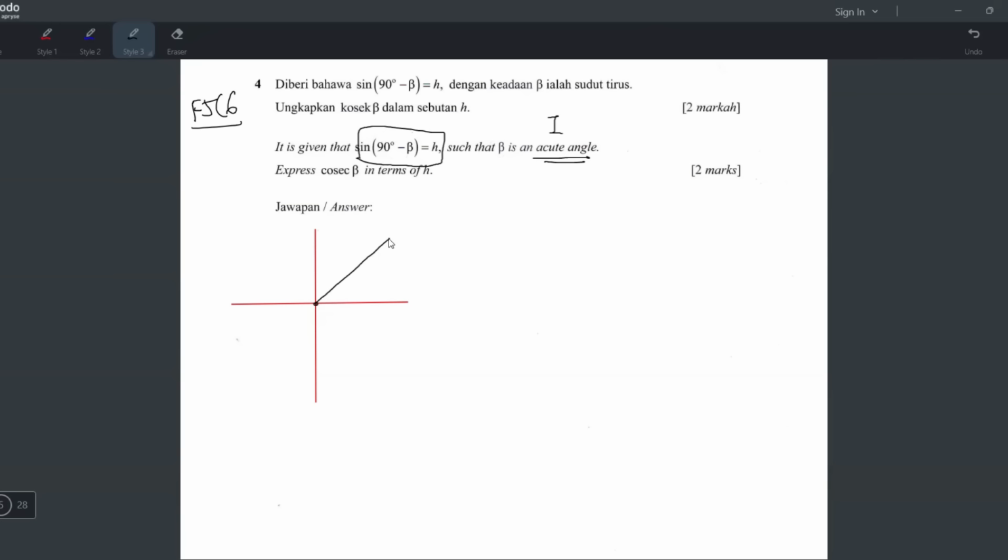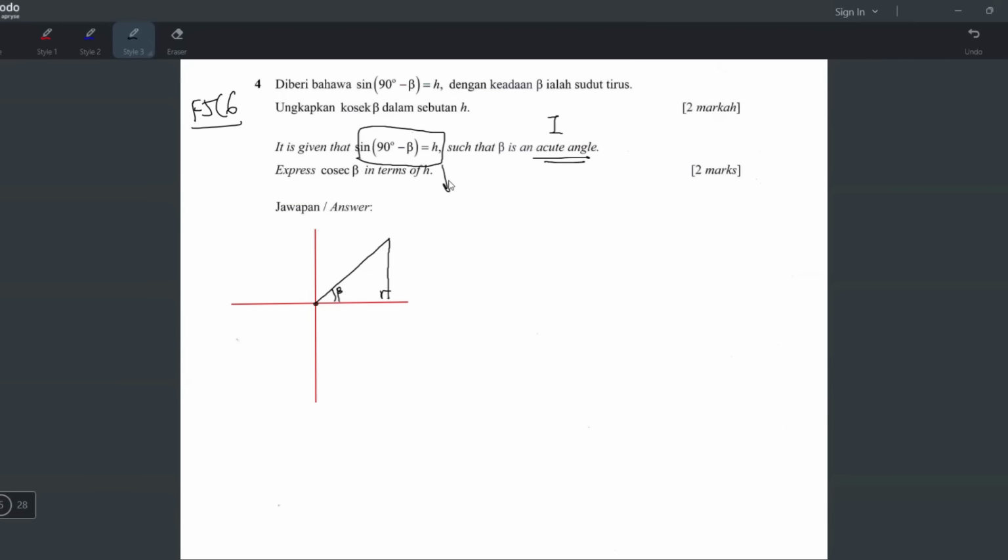That means when you draw like that, this angle is beta, but you cannot label this information because this one is 90 minus beta. So what you have to do is use addition angle to separate this, because you want to make sure the angle has to be beta. This one is 90 minus beta.